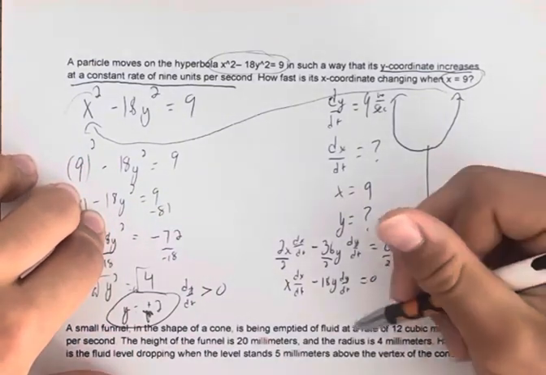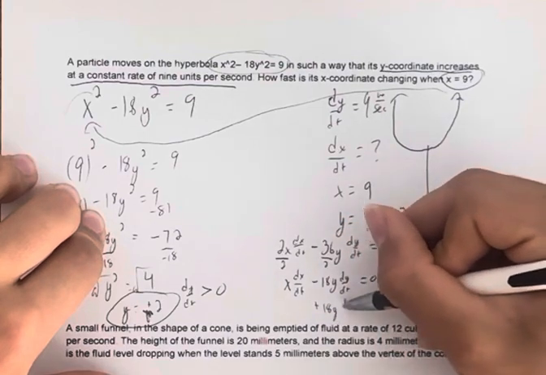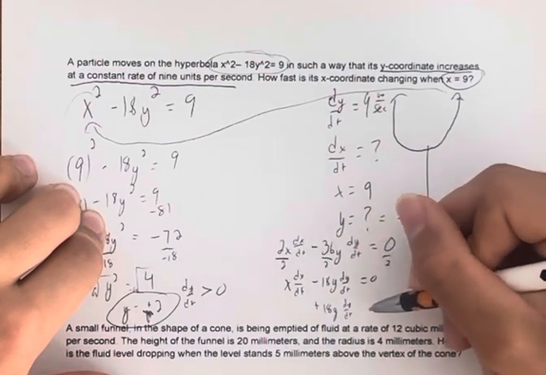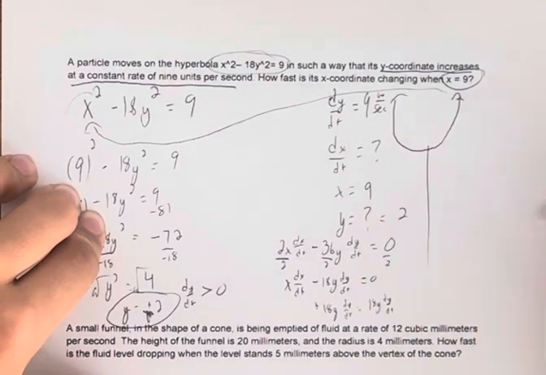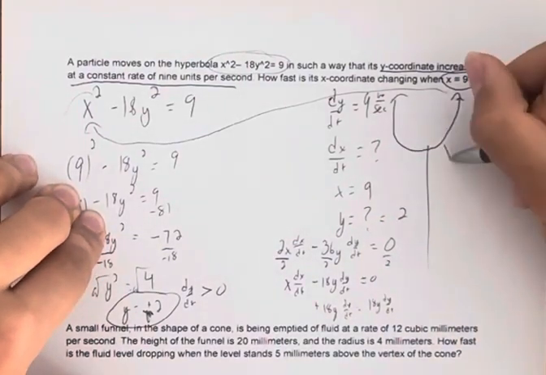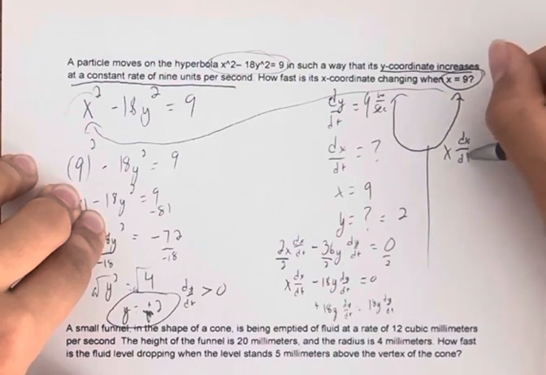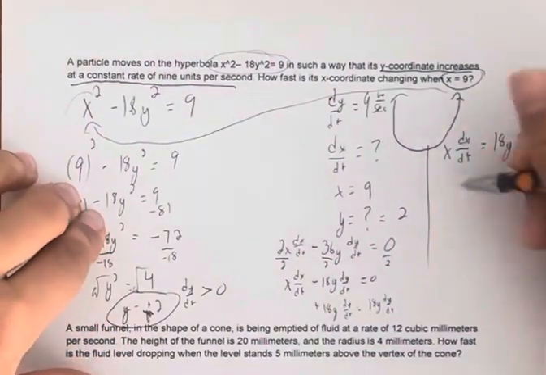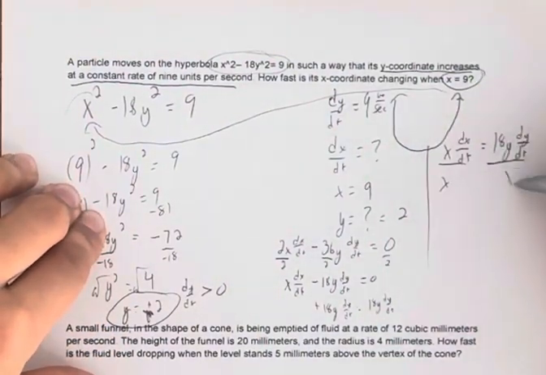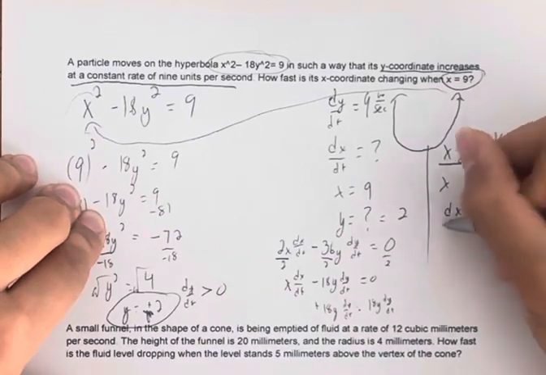So what I would do is add 18y dy/dt over. So that would look something like this. x dx/dt equals 18y dy/dt. Then I would divide each side by x, isolating the dx/dt.